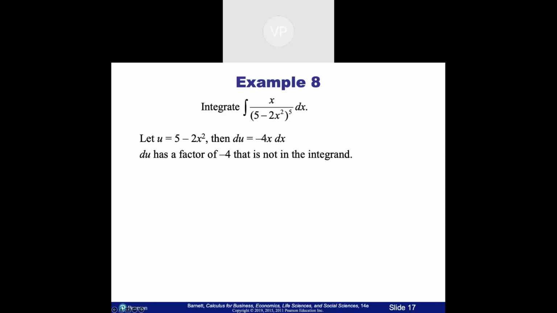So how do we do it? We take the negative 4, and where is it at? I know it's not in blue this time, but here's the original problem. I need a negative 4 dx. Now remember, when you have a fraction, dx is like it's on the top. So right here, it's like an x dx. We need the negative 4, so we shove the negative 4 in there, and we balance it by putting a negative 1/4 out front.